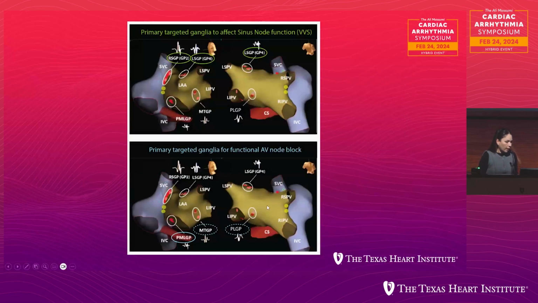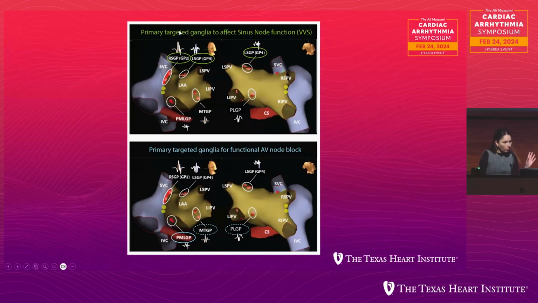These are different areas that we target, based on a lot of the observational studies where they've done these maps and found the good target areas. So what you want to see, and I'll talk a little more about this, is very fractionated signals in the areas where you think anatomically you're going to find ganglionated plexi.